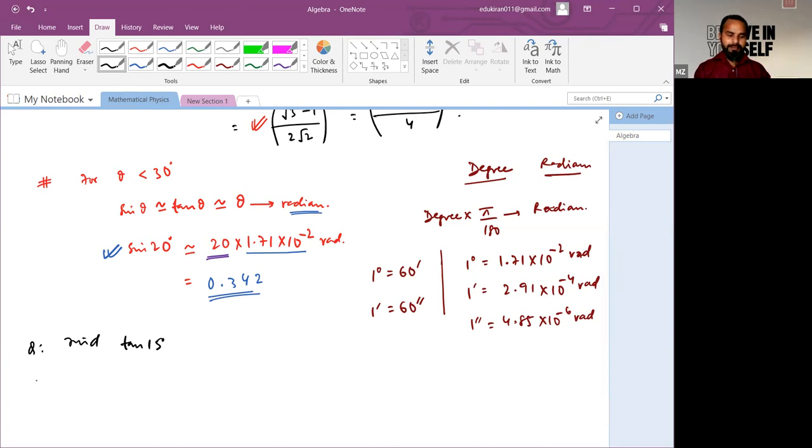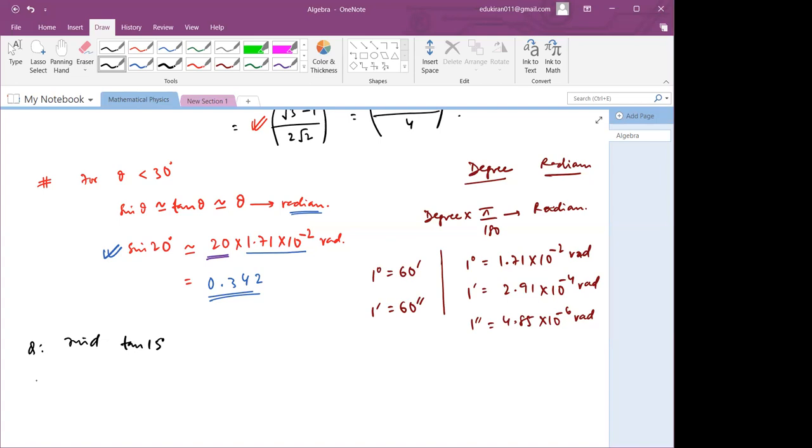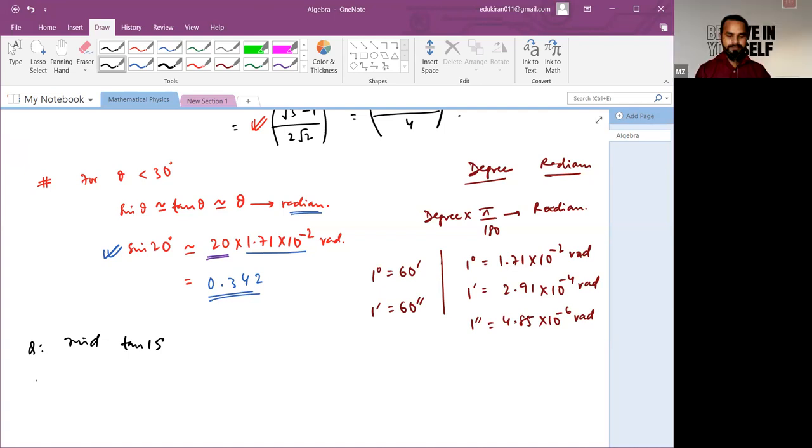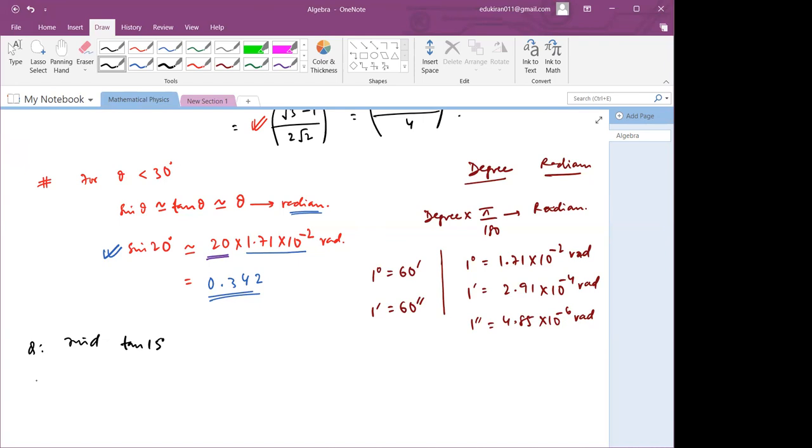Don't use the above formula. We have to find tan 15 degrees, as we found sine of 20 degrees.